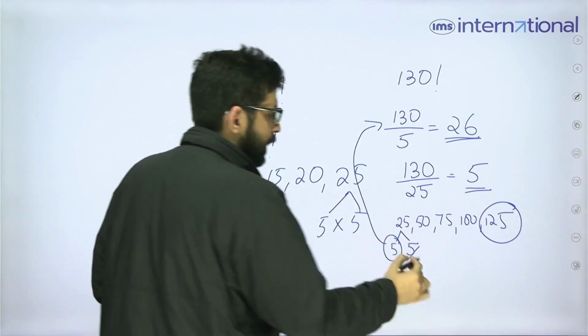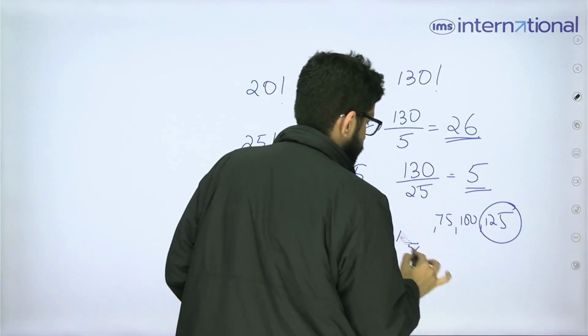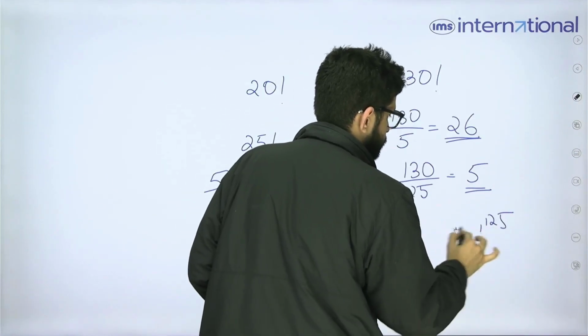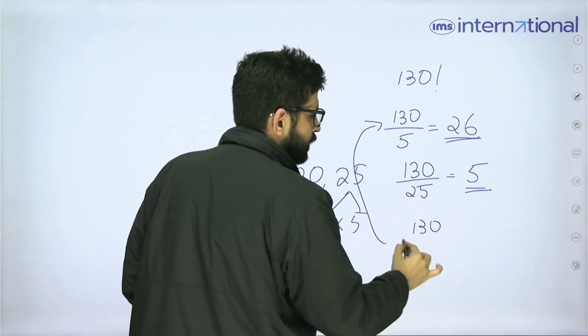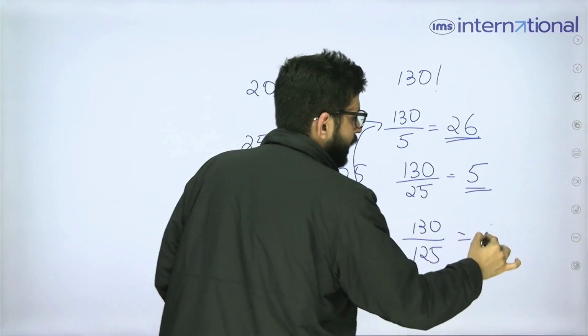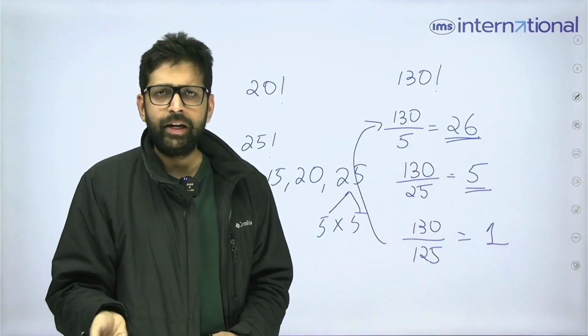So my last step would be to count the multiples of 125, and therefore I will only have one such number, that is 125 itself.